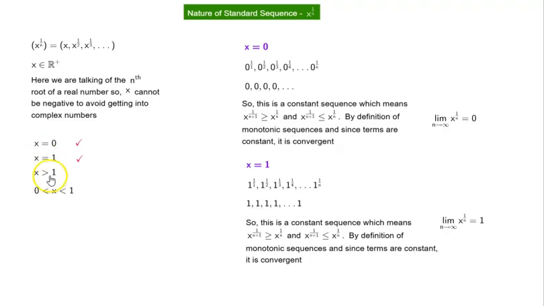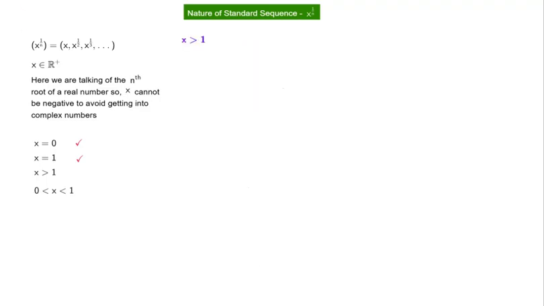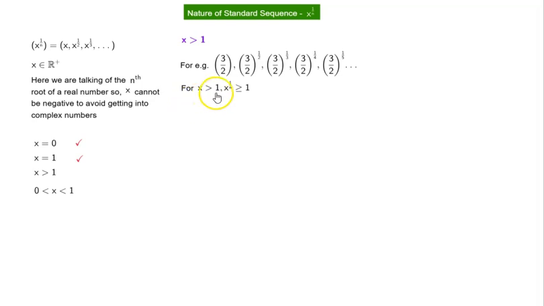Now let's look at x greater than 1. For example, in this case, when x is greater than 1, it would be something like this: 3 by 2, 3 by 2 to the power of 1 by 2, 3 by 2 to the power of 1 by 3, and so on. So basically, the nth root of a number greater than 1. Since x is greater than 1, x to the power of 1 by n is greater than or equal to 1.